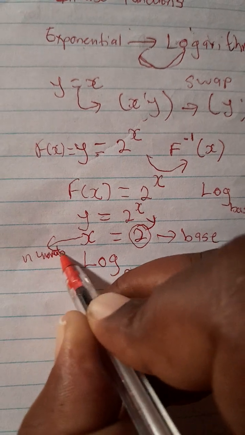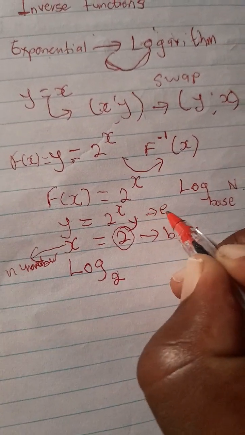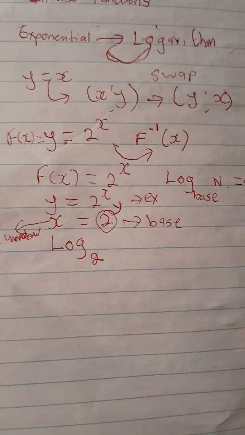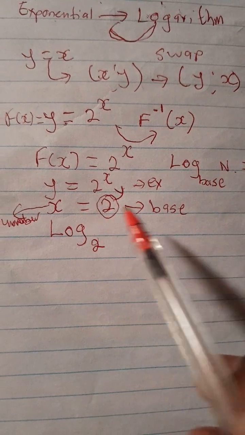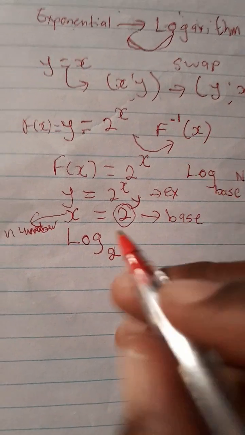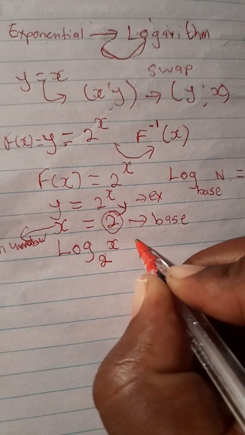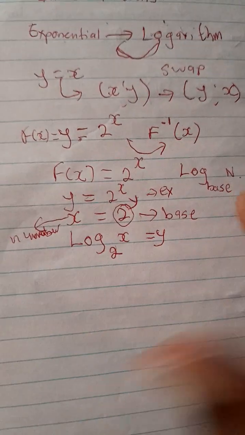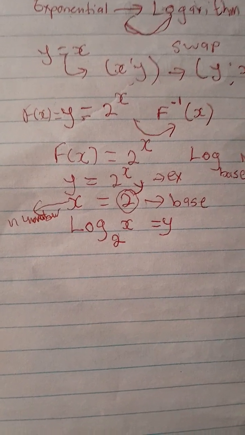And this becomes your exponent. As we have said, this is log base. What is our base? Base is 2. What is our number? Number is x. Log base number equals exponent, and our exponent is given as y. So we have already written it in logarithm form.